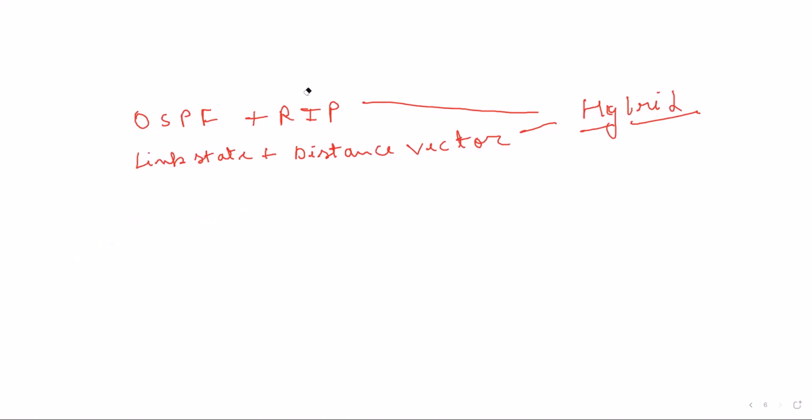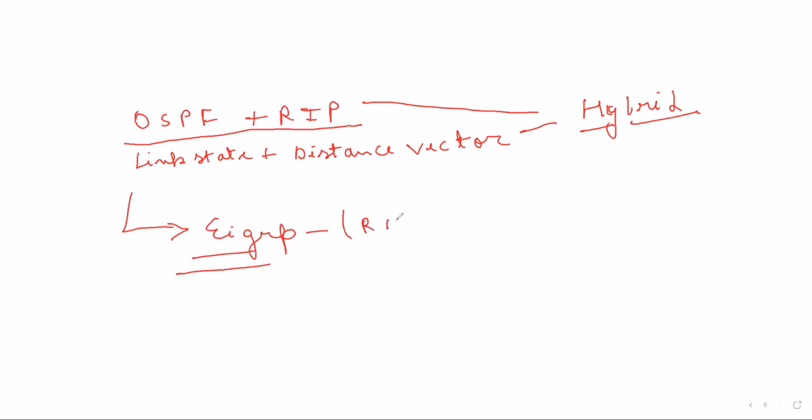Same like here, we combined OSPF and RIP and made a hybrid protocol. That is EIGRP. So it has both functionalities, RIP plus OSPF.